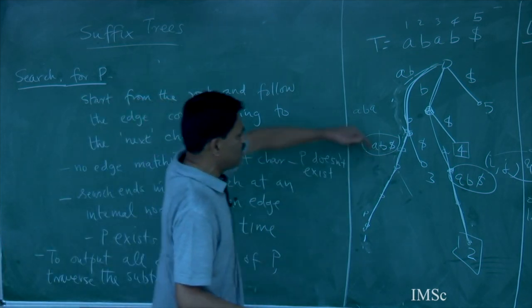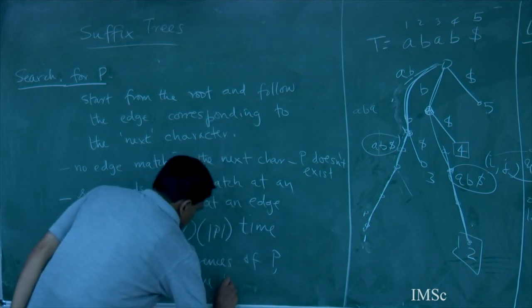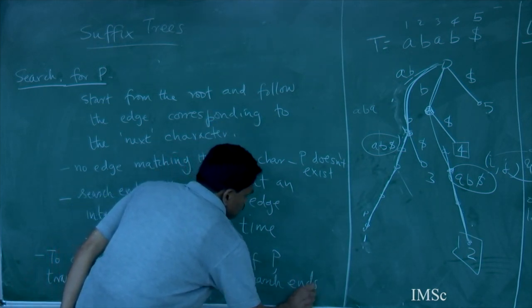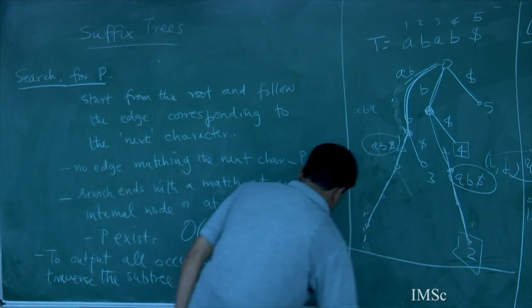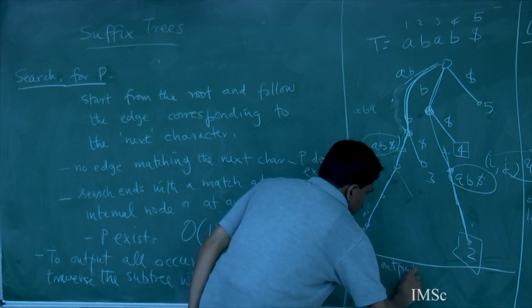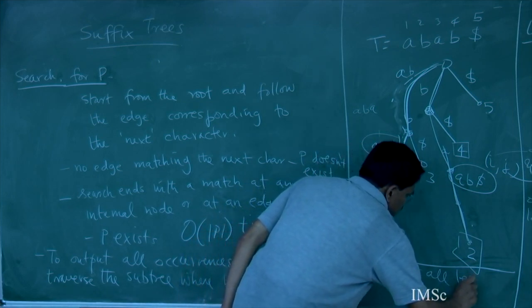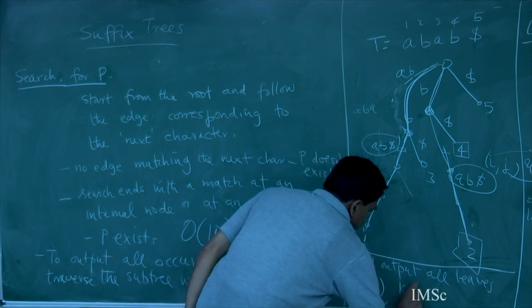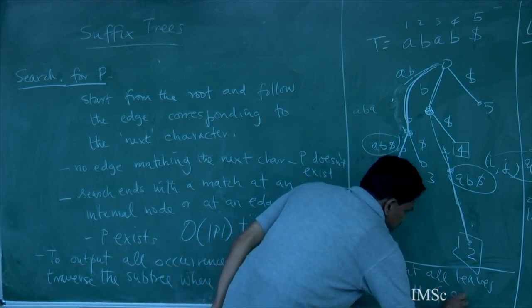If it ends in the middle of an edge, come to that node, and output all the leaves. So, you are spending order k, where k is the number of occurrences.